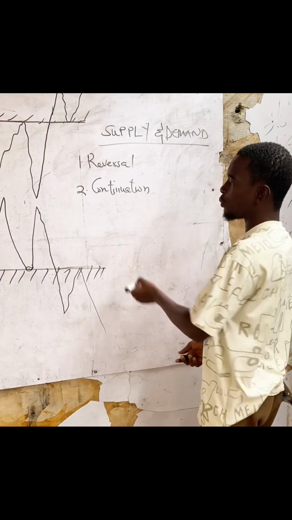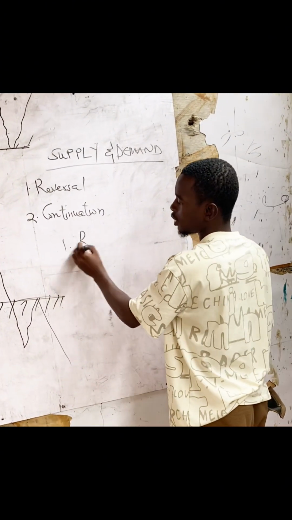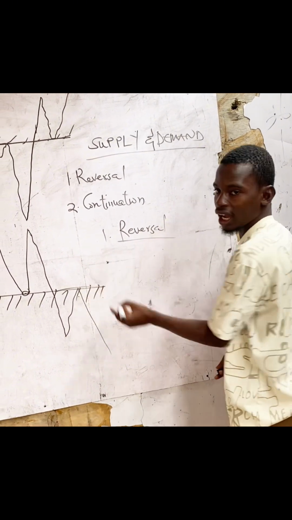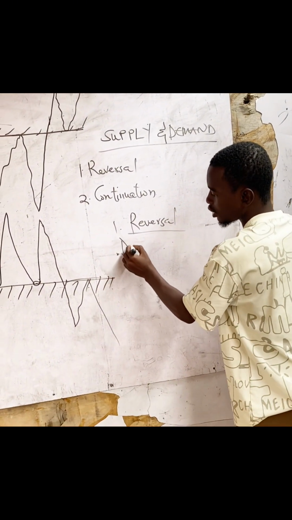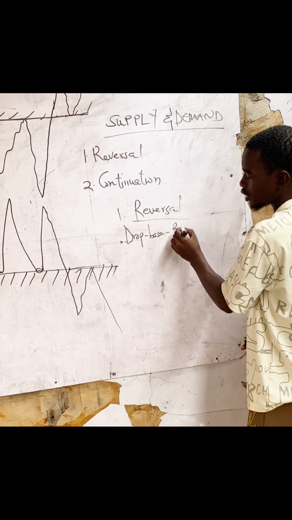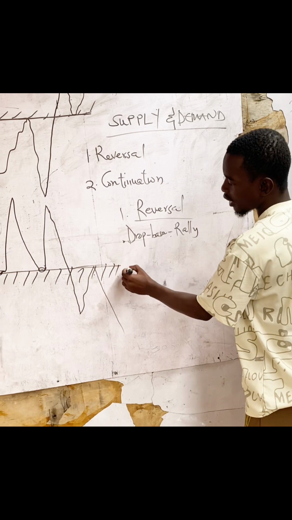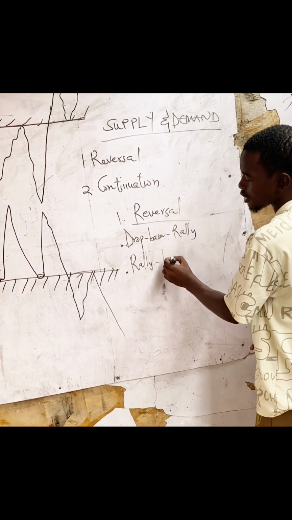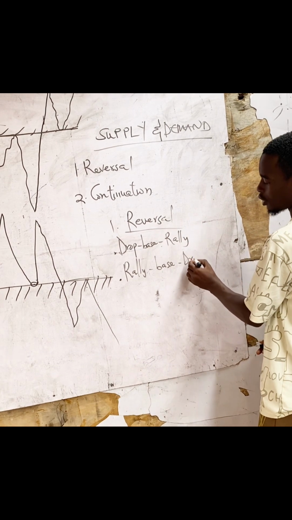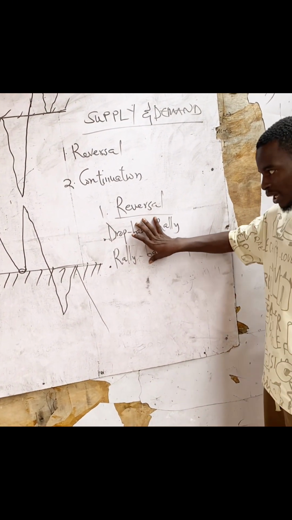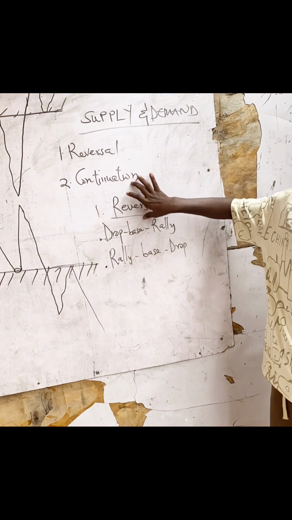We talked about the reversal one, with which we said we have the drop, base, rally, and we have the rally, base, drop. So these are the two reversal patterns.